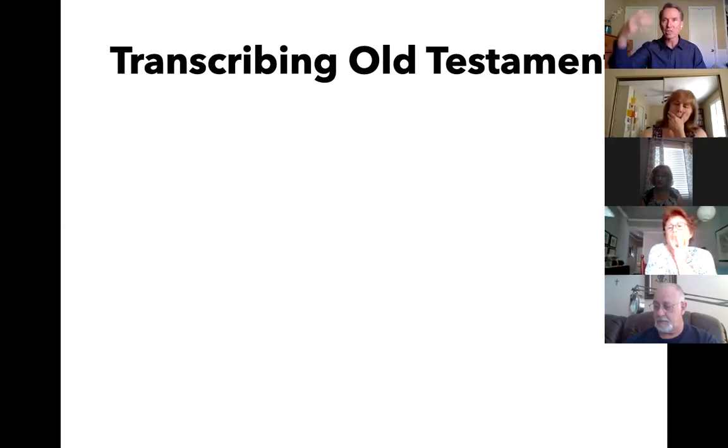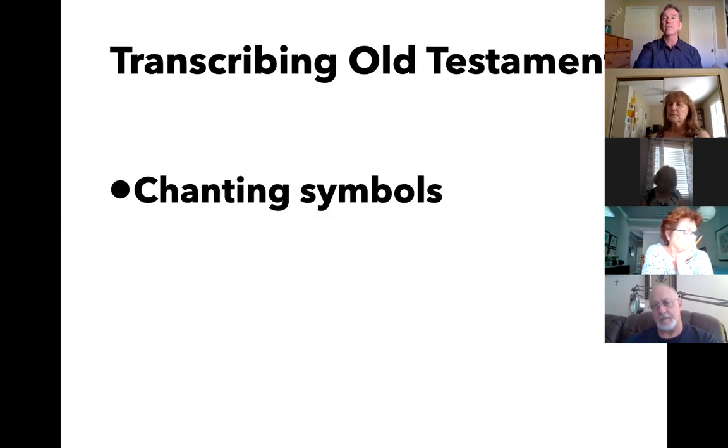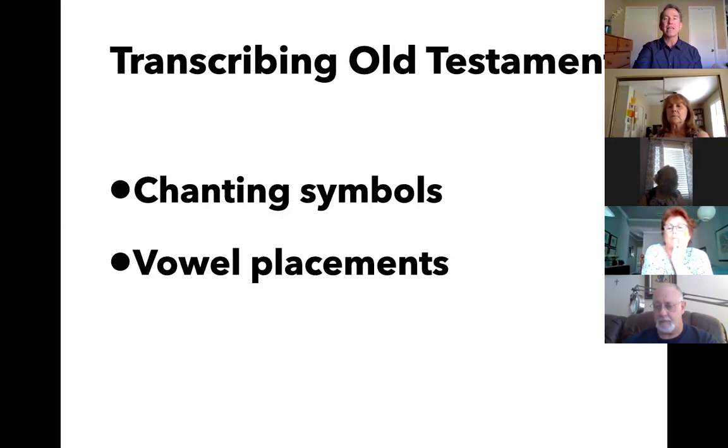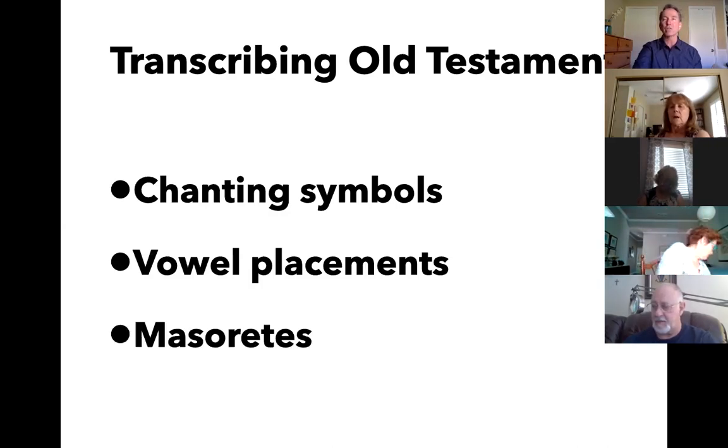Because what we're doing is going to have a long-term significance in the course of human history. So they saw that, and they began to establish those rules. And so we know the pronunciations of these different Hebrew words simply because they put in things like chanting symbols and vowel placements, and these are all courtesy of the Masoretes.